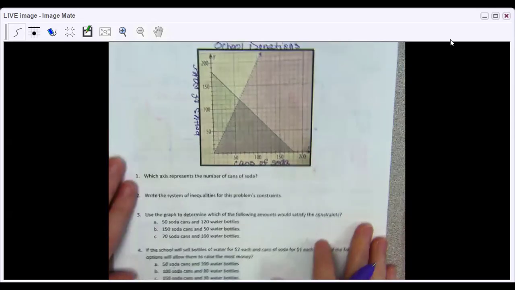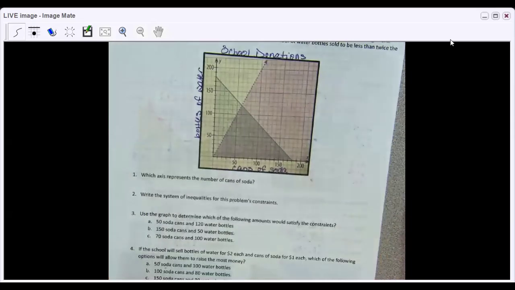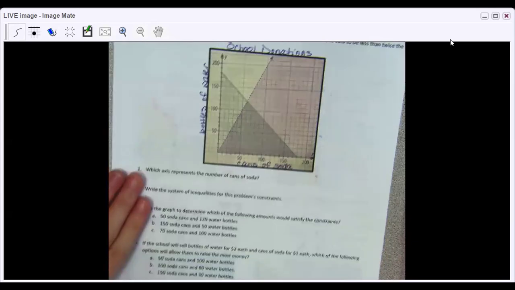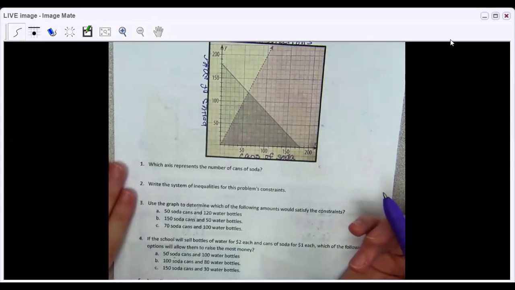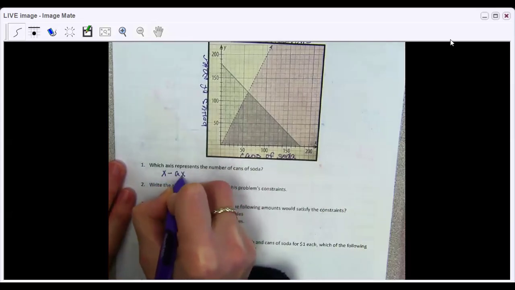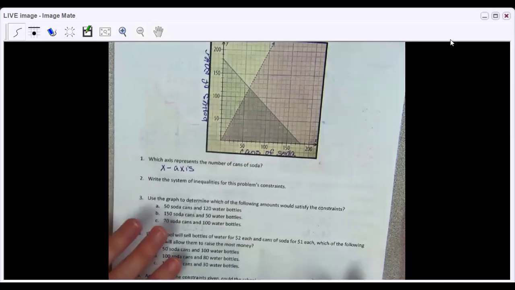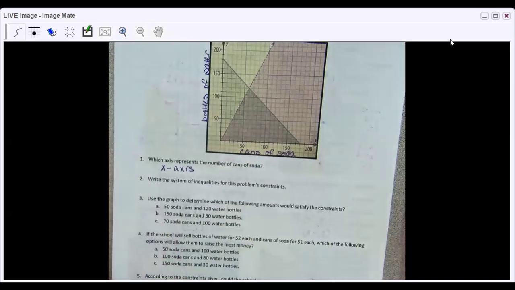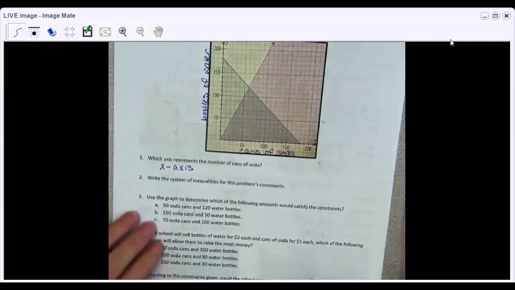Okay. Now let's answer some of the questions. Which axis represents the number of cans of soda? Yeah, the x-axis. So that's the dependent variable. Honestly, in this scenario, it doesn't really matter which is which, but in this one, cans of soda is on the x-axis.